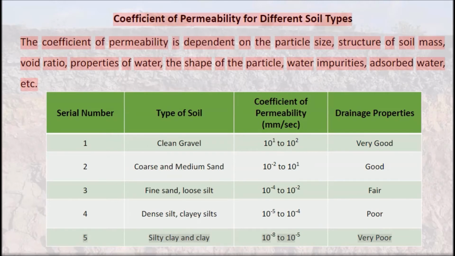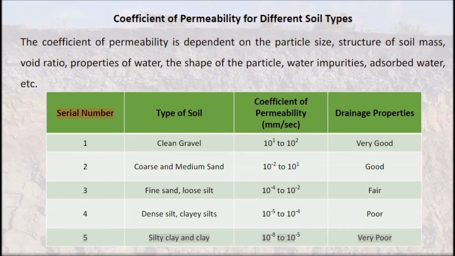Coefficient of permeability for different soil types. The coefficient of permeability is dependent on the particle size, structure of soil mass, void ratio, properties of water, the shape of the particle, water impurities, adsorbed water, etc. Table columns: serial number, type of soil, coefficient of permeability in mm per second, drainage properties. 1.